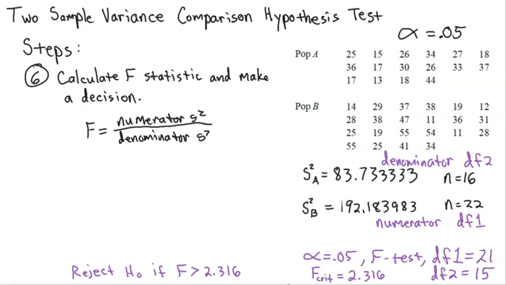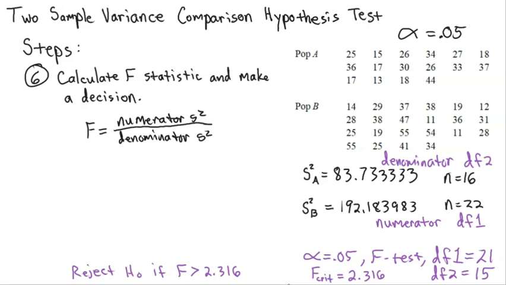And now finally we understand why we called them numerator and denominator, because in the F statistic calculation, in the formula, it's just a fraction. It's a numerator divided by a denominator. We just divide one variance by another variance, and it's always the larger variance divided by the smaller variance. Because if we did the smaller variance divided by the larger variance, it would always be less than 1, and that doesn't make any sense, and you'll see why in just a little bit.